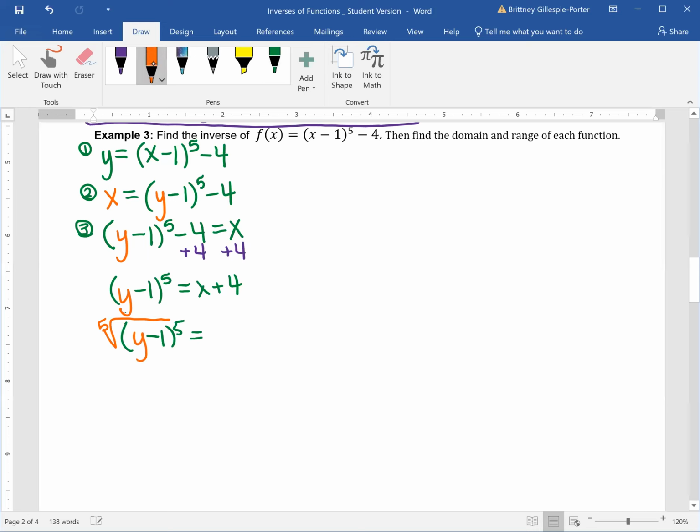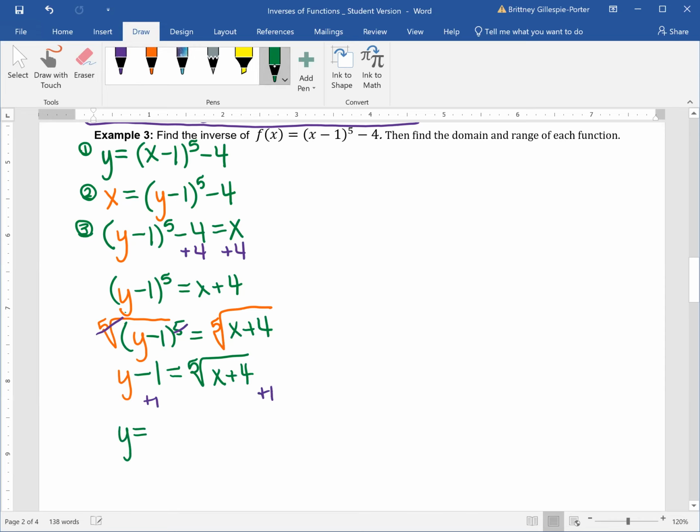And whatever we do to one side, we have to do to the other side. This time we do not need a plus or minus because our index, the little number on the radical, is odd. On the left-hand side, the 5th root and the 5 take care of each other. We don't need the parentheses anymore, so we have y minus 1 is equal to the 5th root of x plus 4. We need to add the 1 to both sides.